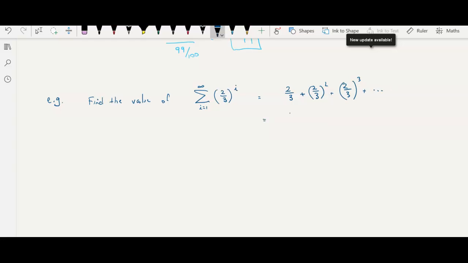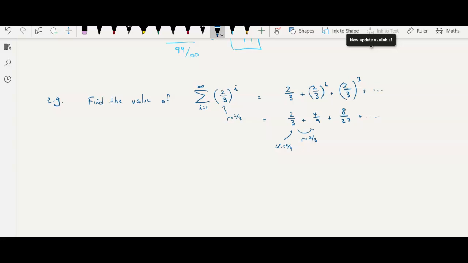Okay, so this is 2/3 plus 4/9 plus 8/27, etc. We have a geometric series where u1 is 2/3, and I know from here that r is going to equal 2/3, but this verifies it.